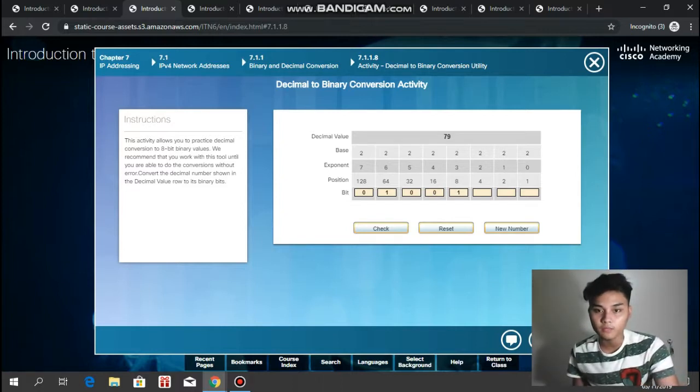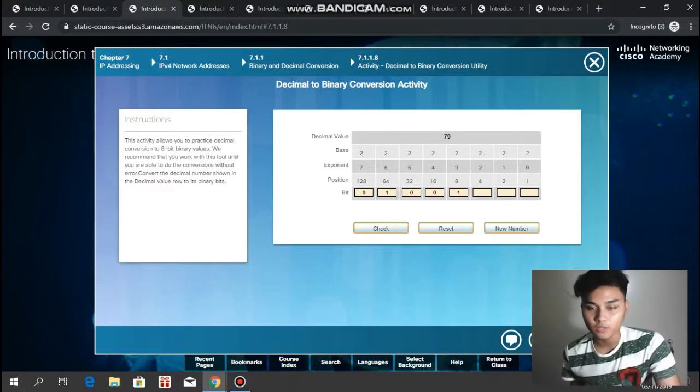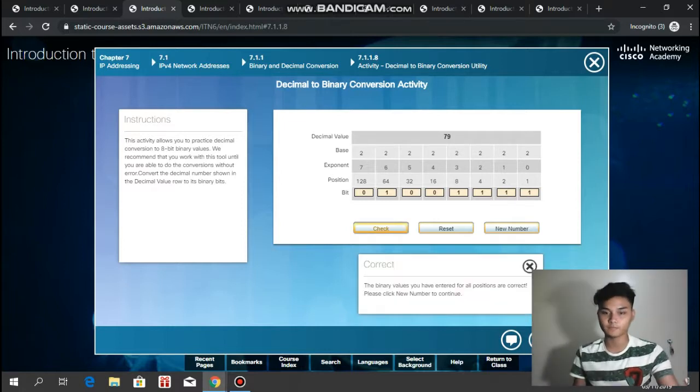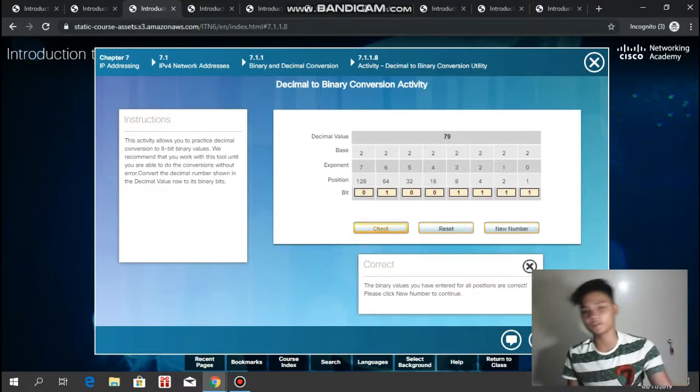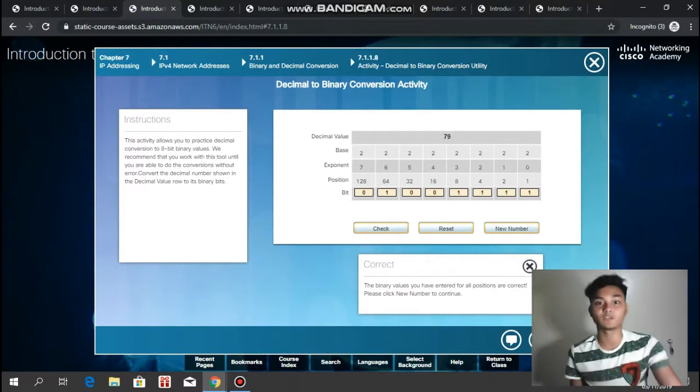Our answer is greater than the position, so we have to select 1. 7 minus 4 is 3, and so on, until the remaining bits are filled. So let's check. So our answer is correct. So let's proceed to activity number 3.